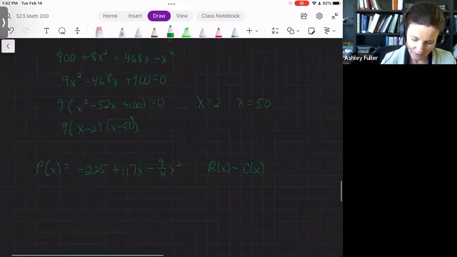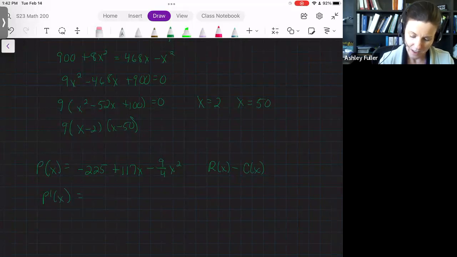So in order to figure out the marginal profit, I'm going to take the first derivative. This term goes to 0, and I'm left with 117 minus 9/2 x.